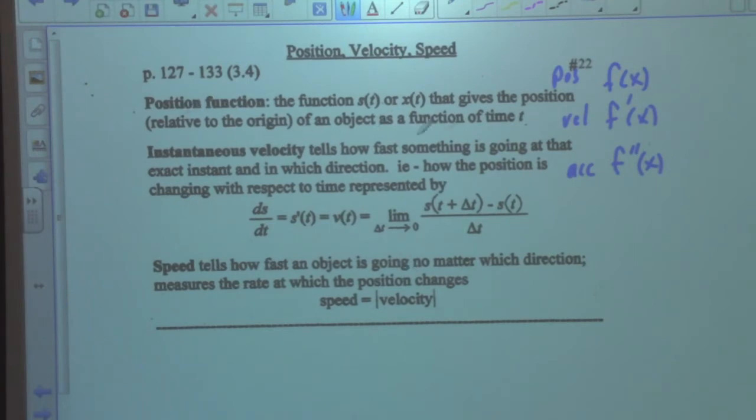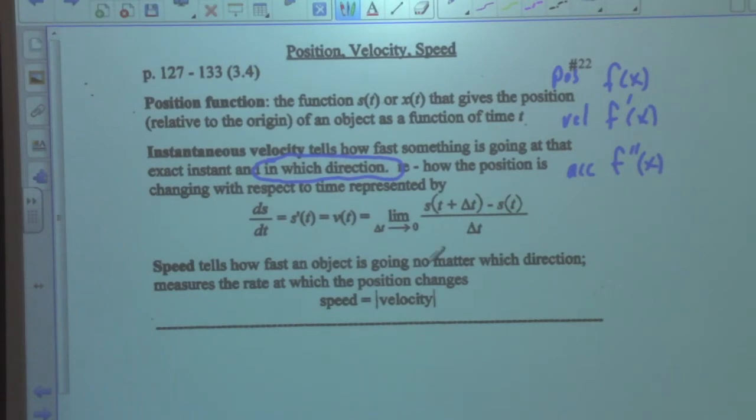One thing we say is instantaneous velocity tells how fast something is going at that exact instant and in which direction. So velocity has a component of direction to it, whereas speed does not. Speed has no concept of direction.